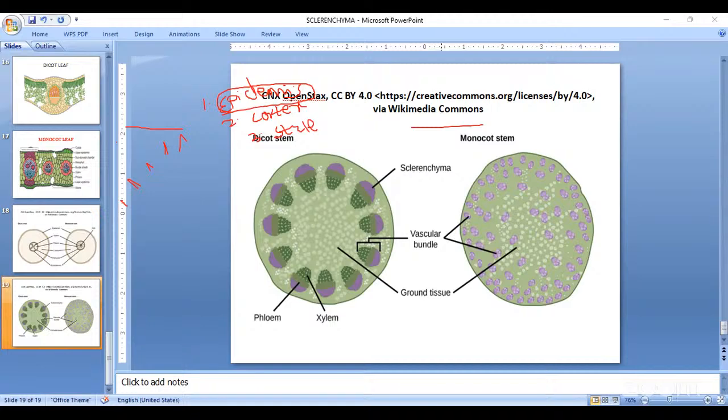Hypodermis is next after epidermis, and next is cortex.